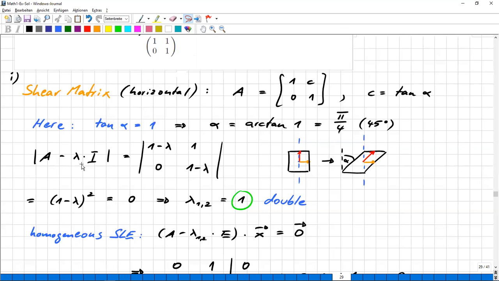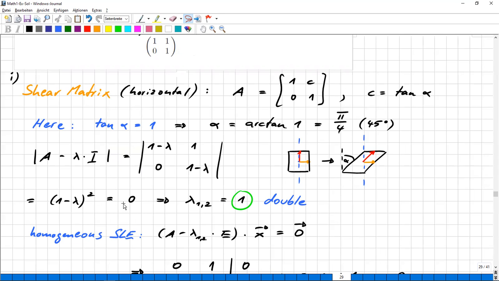And from the proof of all of this, it turns out that only a non-trivial solution to the corresponding system of linear equations will give you a valid eigenvector. So first of all, find all the values of lambda which fulfill this equation.